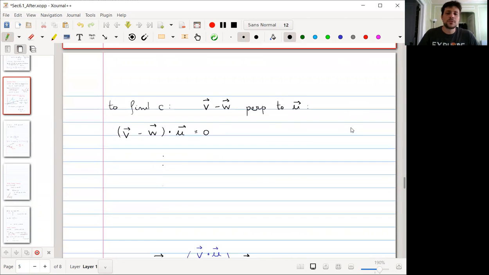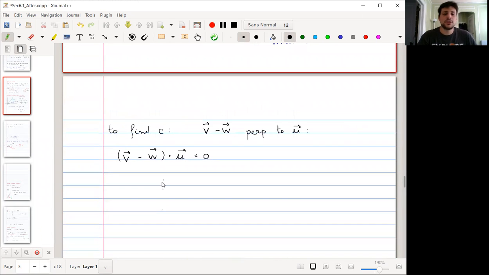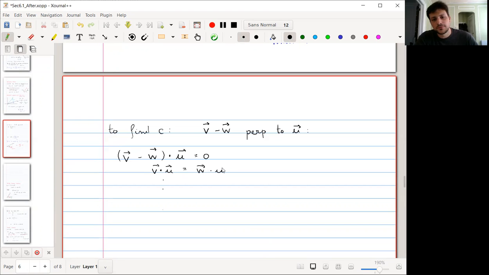Let's see how. Writing that v minus w is perpendicular to u is the same thing as writing that (v minus w) dot u is equal to 0. In other words, v dot u has to be equal to w dot u. So v dot u, well, w, remember, we want it to be a constant times u, dotted with u.